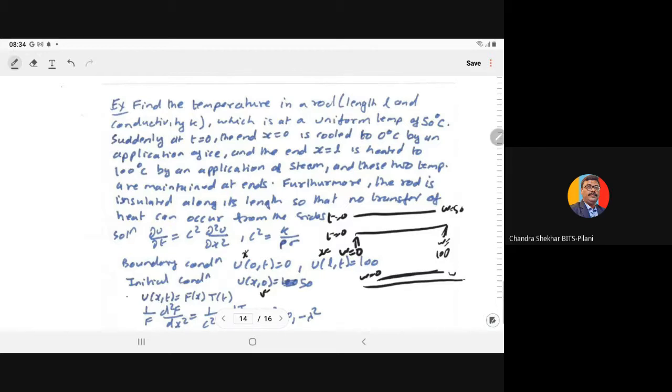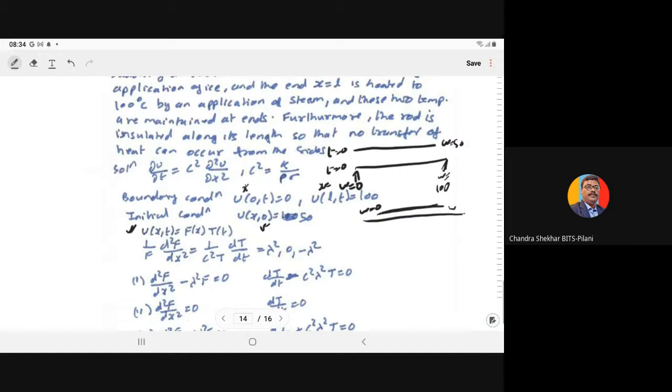By the method of separation of variables, we know that u is a function of x and t, which is equal to the product of two functions F and T, where F is an explicit function of x, and T is an explicit function of small t.